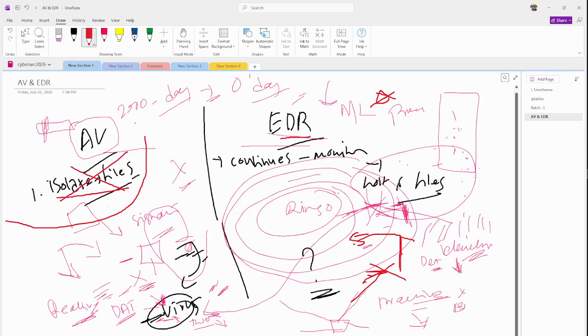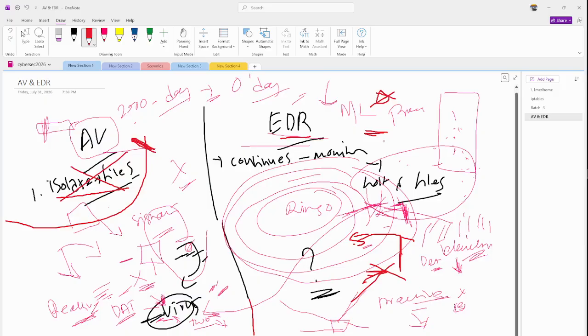From a forensic point of view, antivirus will have very minimal forensic capability. Here in the EDR you will have full investigation tools and you can reconstruct everything. You can mimic the timelines also.